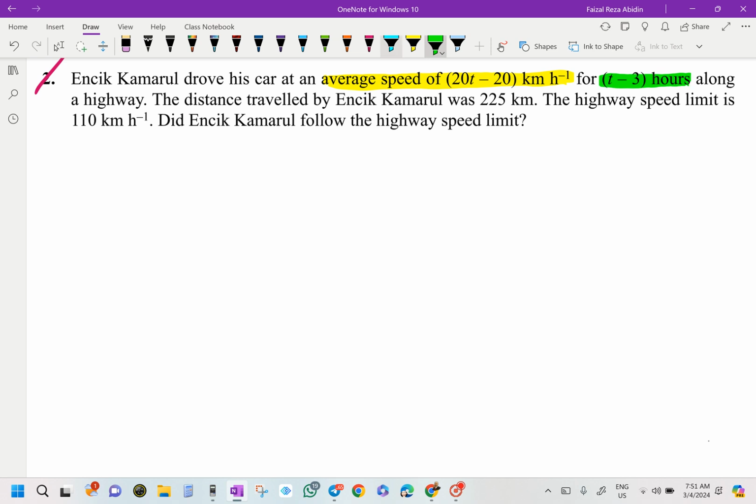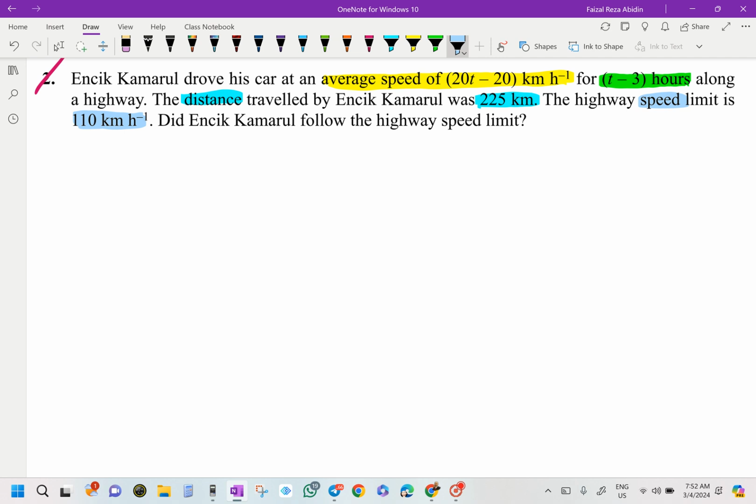And then what else? The distance is also given over here, 225 kilometres. The highway speed limit is what we check against to get our speed. How do we find our speed from our average speed?